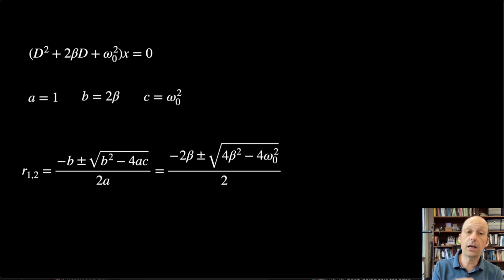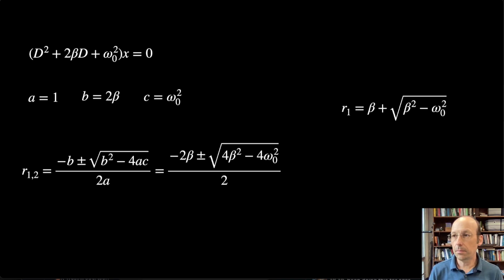Now if I put in a equals 1, b equals 2 beta, and c equals omega naught squared, I get that term right there. And notice something. There's a 4ac under the square root, and because I put in 2 beta, I get 4 beta squared. I can factor out the 4 and take the square root, and I get 2.